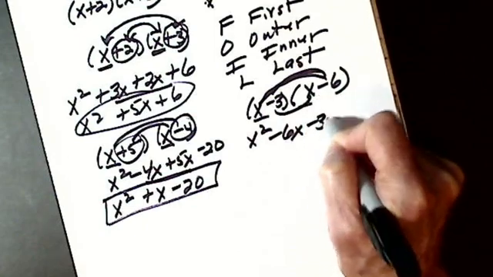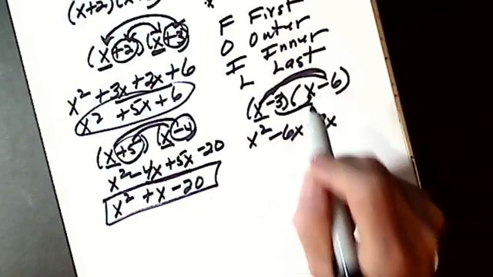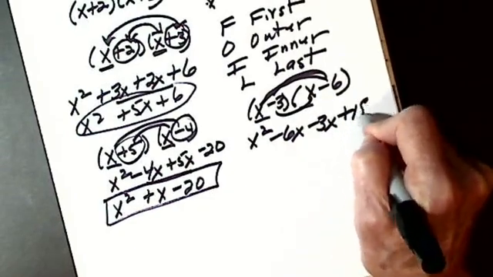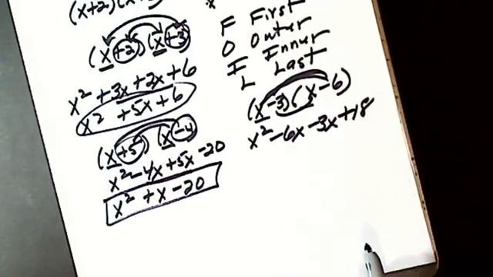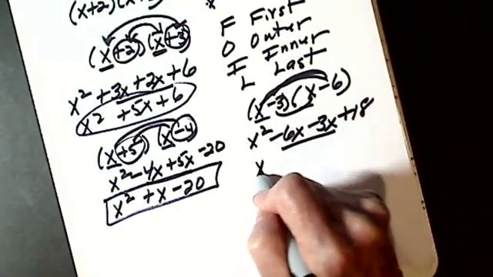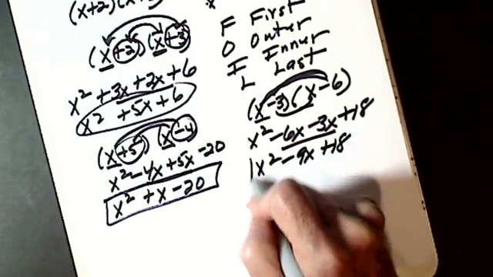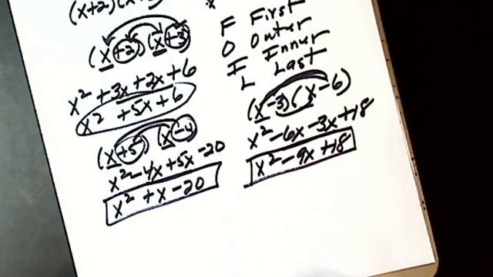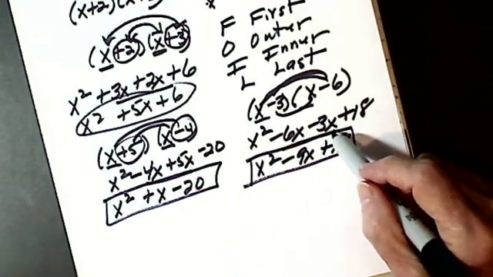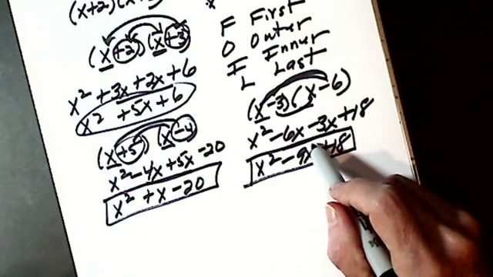I get minus 3x. I multiply my last. Like signs are plus, I get plus 18. So remember, it's 4 multiplies. Combine like terms. I get x squared minus 9x plus 18. Again, with your exponent rules, don't mix them up. Combining like terms, you don't touch exponents. Nobody should have a squared here.